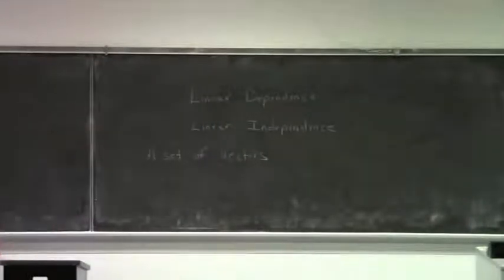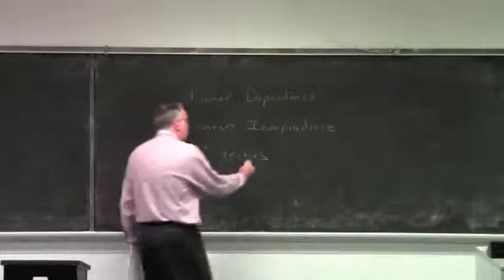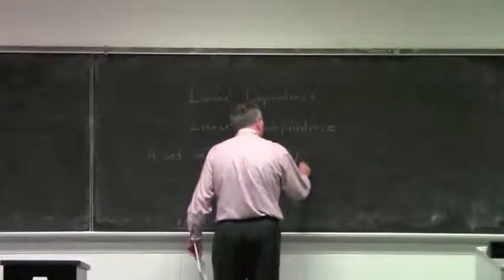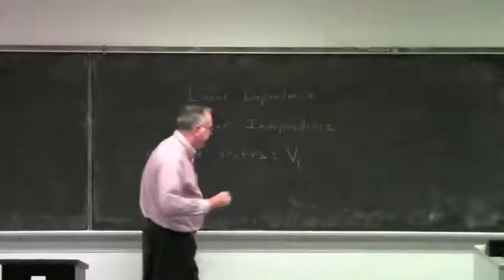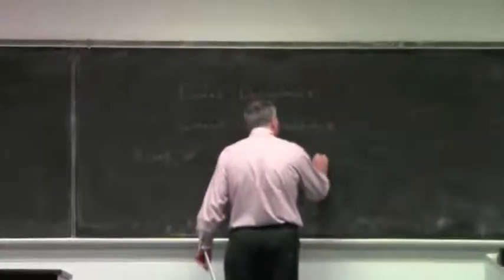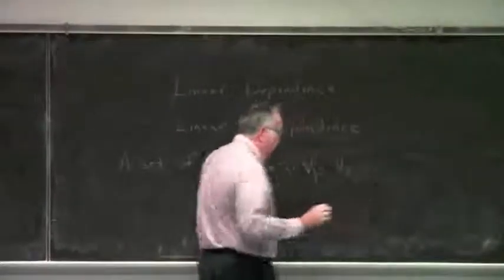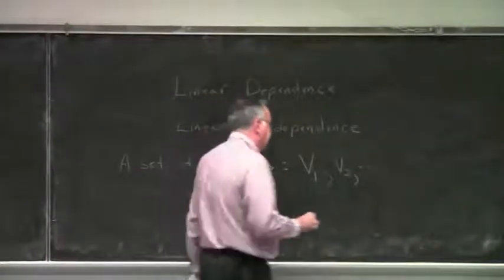Suppose we have a set of vectors, and each of these vectors will be denoted by the lowercase letter v. V sub 1 is the first vector. V sub 2 is the second vector. Dot, dot, dot, and the last vector is v sub n.